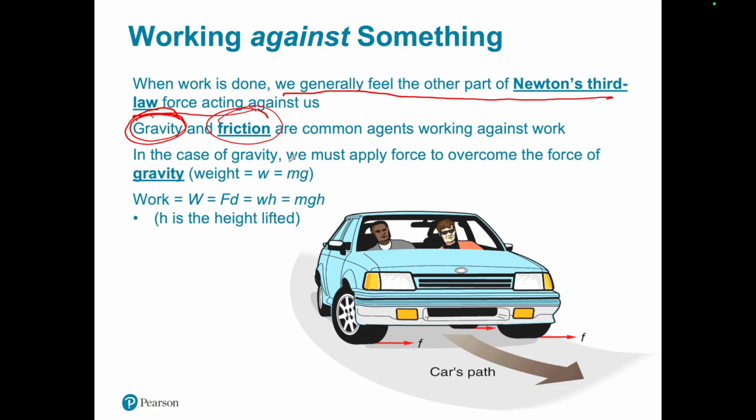In the specific case of gravity, I've already told you this before, remember the original equation for Newton's second law is F equals ma. And I was telling you how you can actually change that a to g, because a is acceleration, and g is the acceleration of gravity, which is 9.8 meters per second squared.